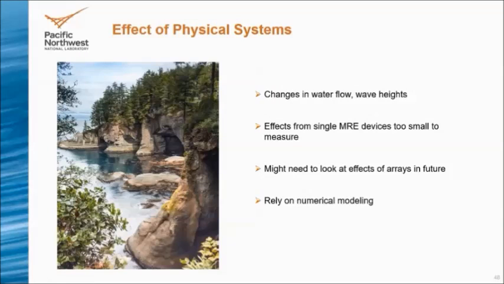The concern here is the effect of MRE on the physical system, including changes in water flow, wave heights, really the overall hydrodynamics of the entire system. We know that there probably is an effect from a single technology. However, those effects are usually too small to measure, and they're usually below the natural level of variability.